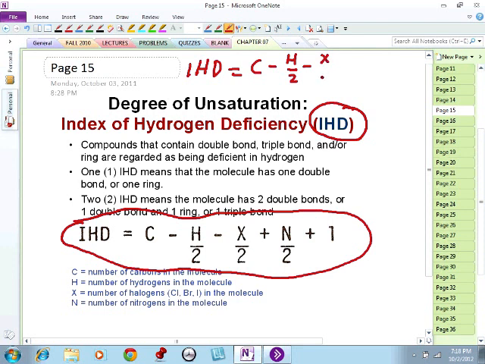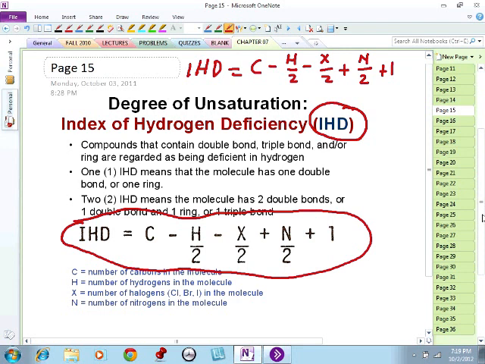Halogen is bromine, chlorine, or iodine, divided by 2, plus the number of nitrogens in the molecule divided by 2. The C, the number of carbon atoms, plus 1. Okay, so C stands for carbon.